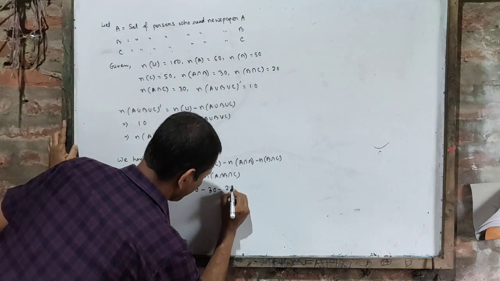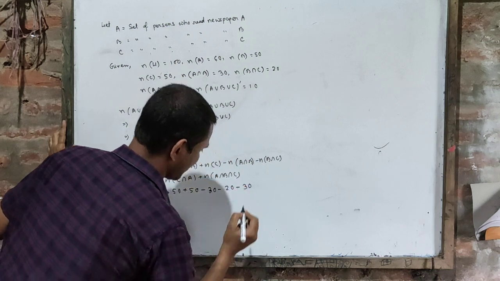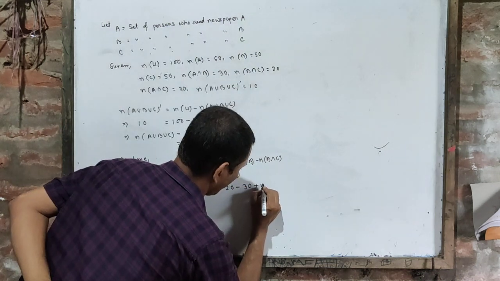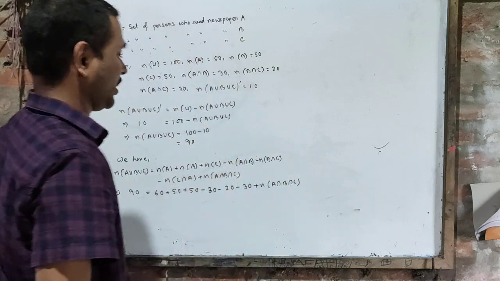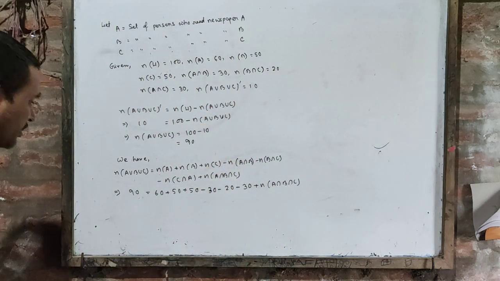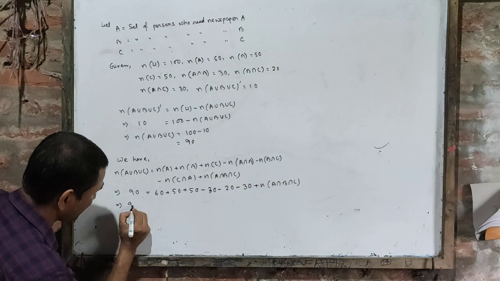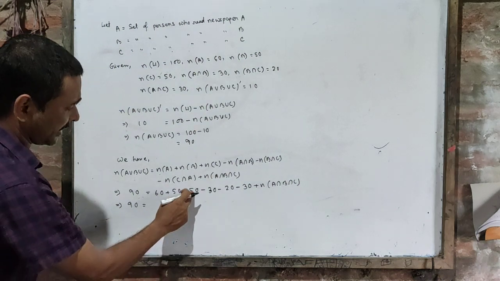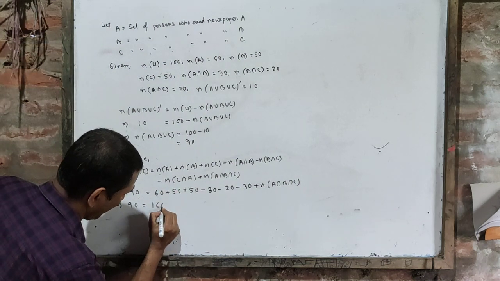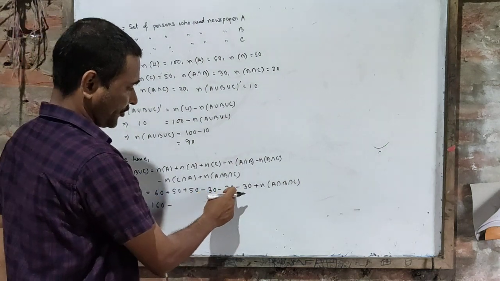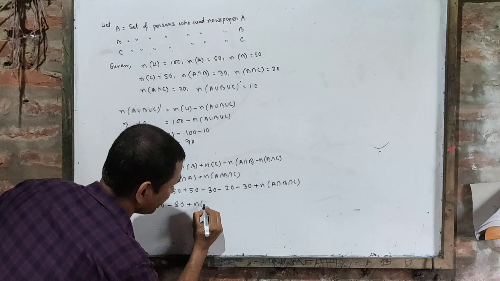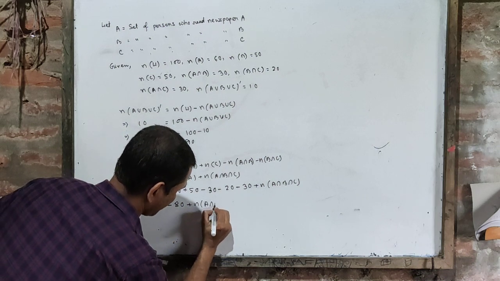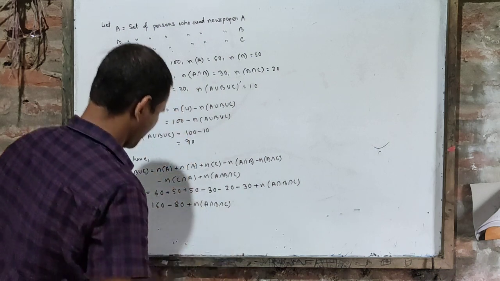N of B intersection C is 20, n of C intersection A is 30, and this is unknown, n of A intersection B intersection C. We have to find this. Then 90 is equal to 160 minus 80, plus n of A intersection B intersection C.